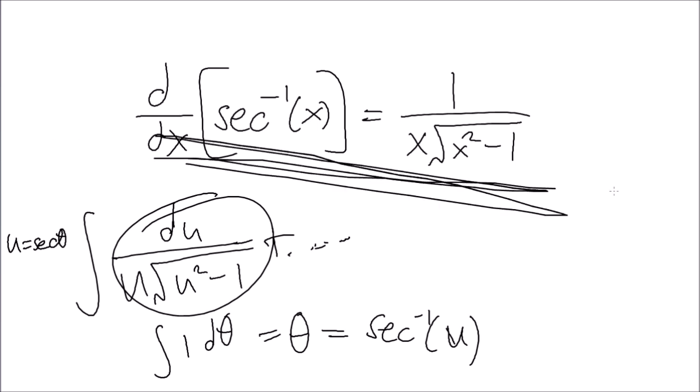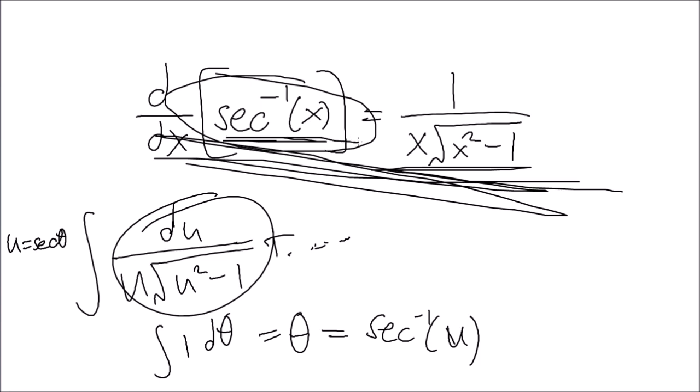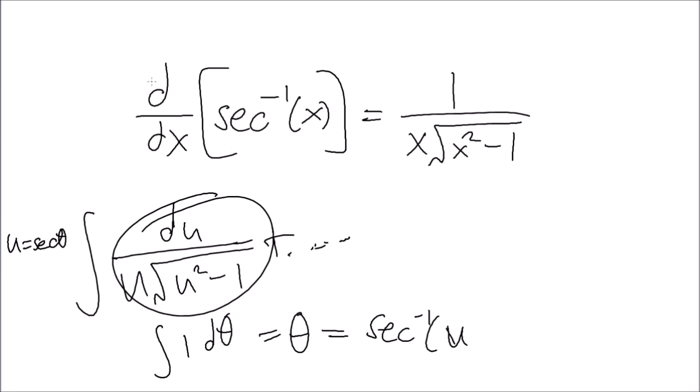In very competitive integration bee, they'll pull this at you, and you're going to have to do integration by parts and derive this. But if you don't know the derivative of this, then you're screwed. So definitely memorize inverse secant. It's very useful.